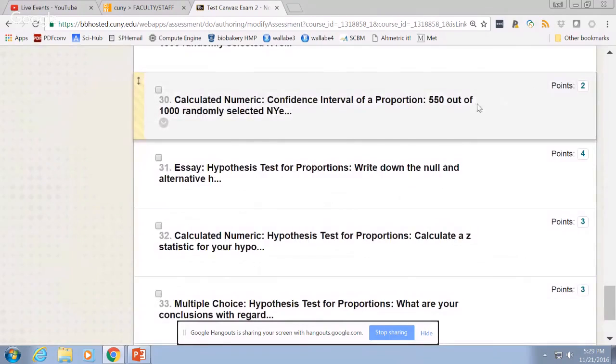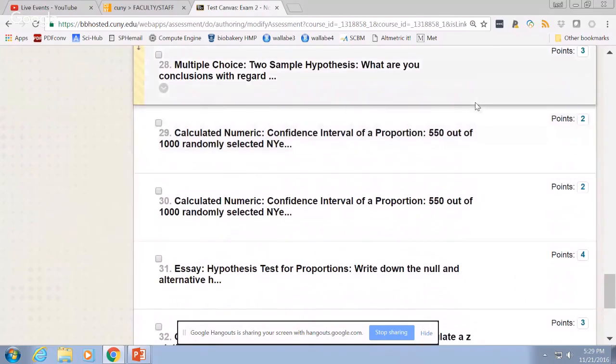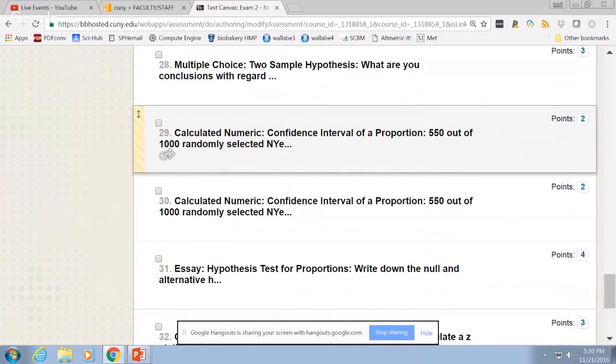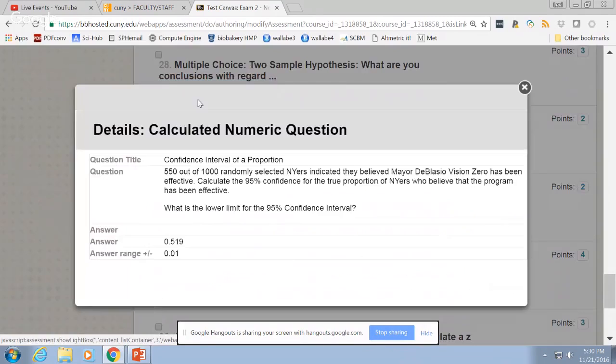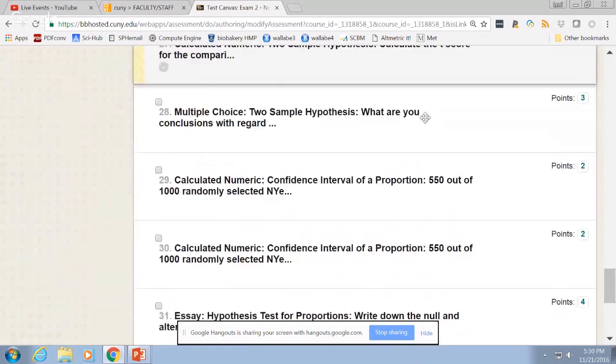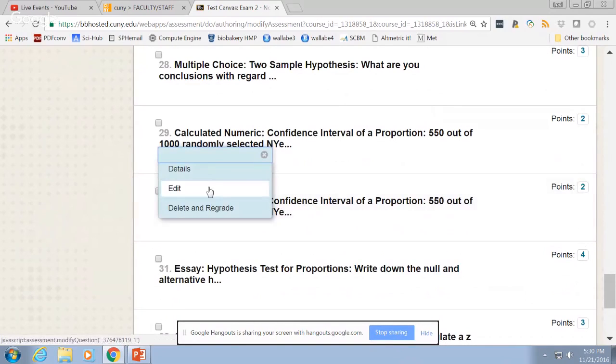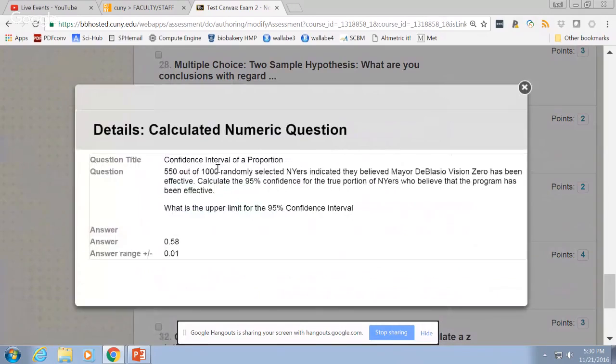Next one down. Yeah, but I want to see the one where it was originally introduced. These are just about the confidence interval. That's it. That's the one. Okay, let's look at it.